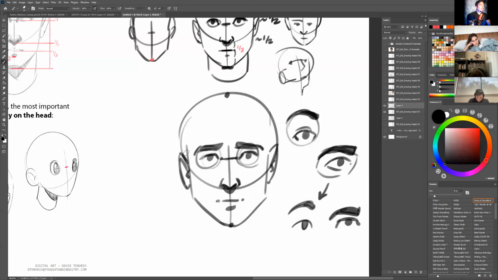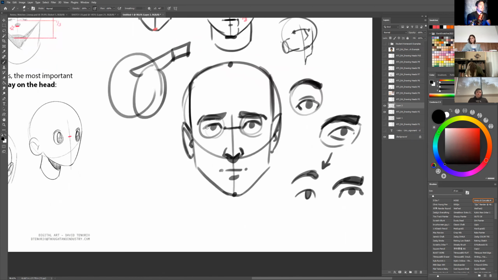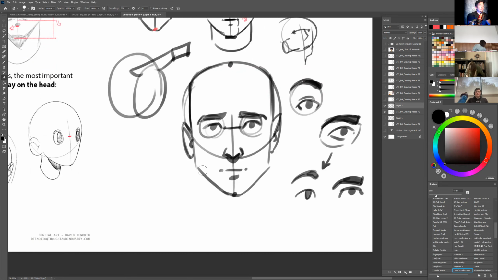So it's a little bit flatter on the sides. When you draw these characters, these heads, you can cut the side down a little bit flatter for realism. Again, it's a lot like cutting a slice out of a fruit, of an orange. So it's a little bit flatter.